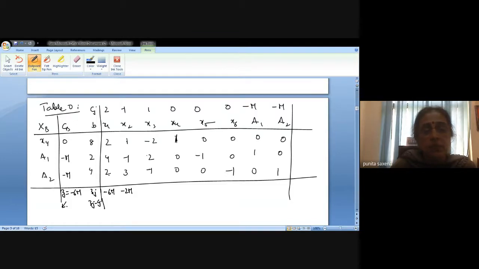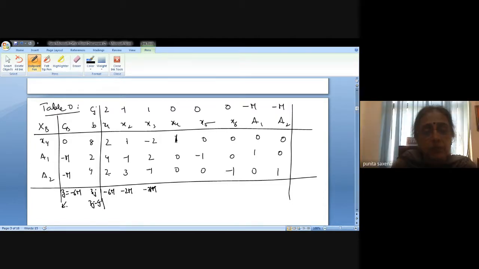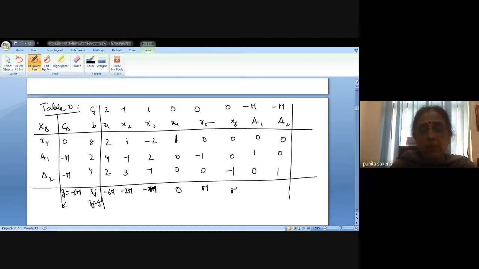Then minus 2M, minus 3M, minus M, minus M. Then this is 0, M, M, minus M, minus M, minus M. And accordingly, your zj minus cj is 6M minus 2, minus 2M plus 1, minus 3, minus M, minus 1, 0, M, M, 0, 0.